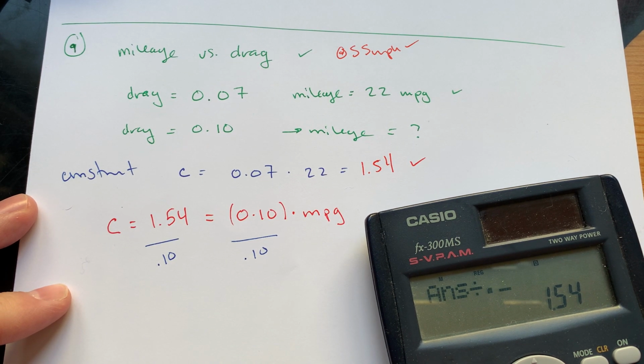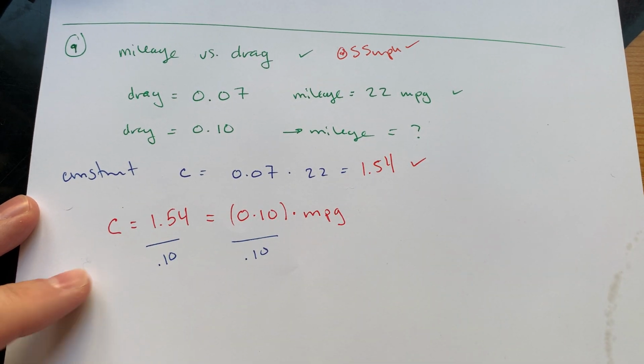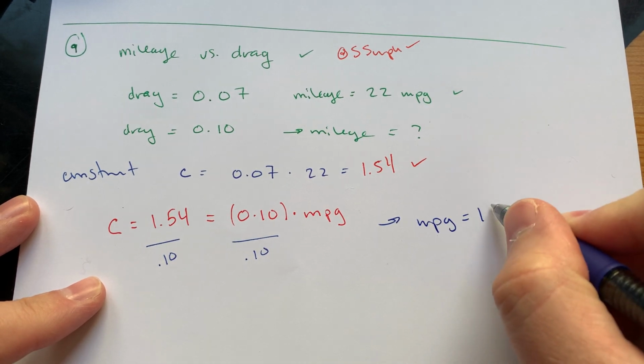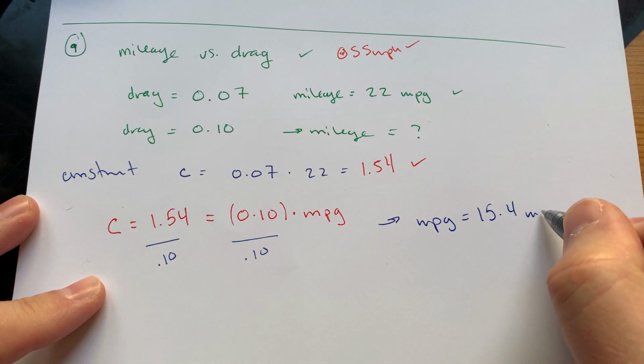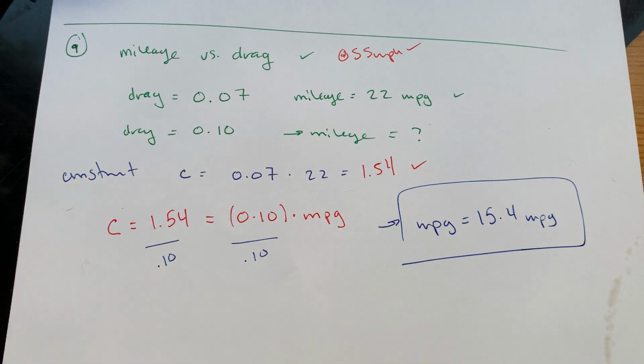I would say, yeah. If we divide by 0.10, it's like multiplying by 10. So we get 15.4 as our new miles per gallon. That answer makes sense because it's dropped. What we're expecting is our miles per gallon to drop as the drag goes up, and it did. So I think we're on the right path.